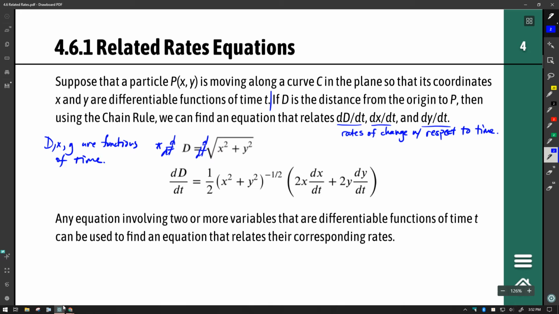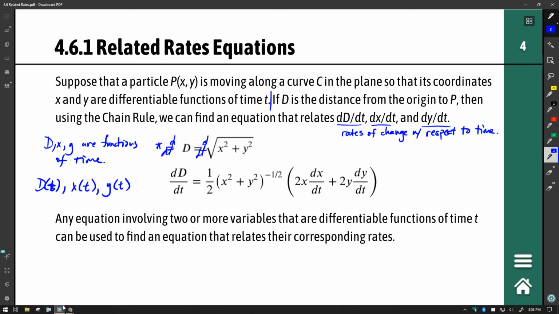Therefore, they're really more not like variables, but like functions. x of t, and y of t. So when we differentiate them, even though it looks like we're finding the derivative of a variable, what we're really doing is finding the derivative of a function.